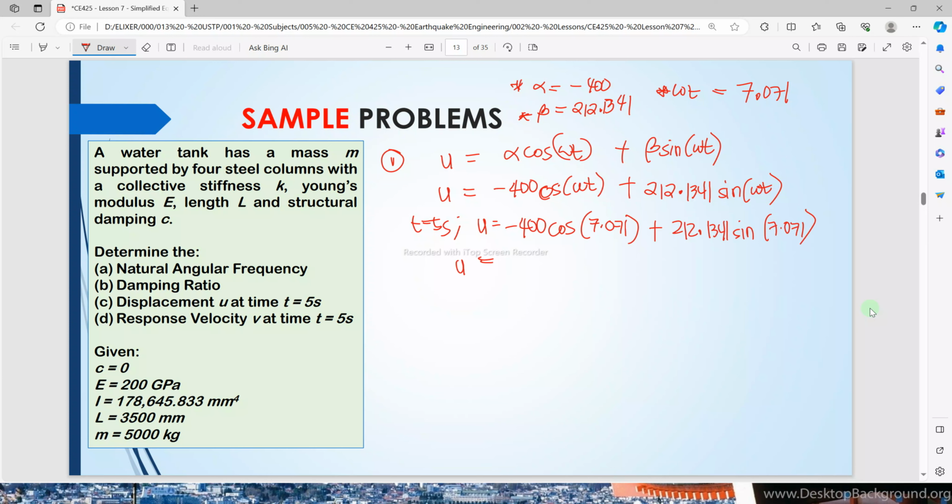Your position at time equal to 5 seconds is just equal to negative 131.7949 millimeters.